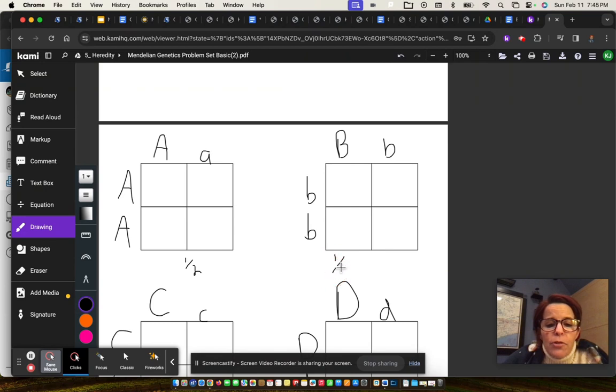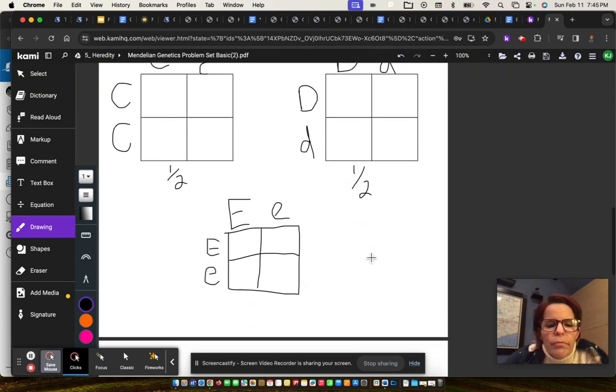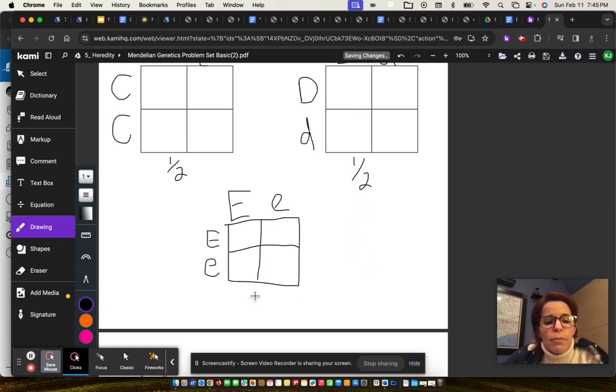That 50% of their babies would be heterozygous. On this one, same thing. Let's look over here. Yep, this one will be heterozygous, and this one will be heterozygous. So again, 50%. And then finally on this one, same thing, 50%. So that's just a coincidence, but all of them are 50%.